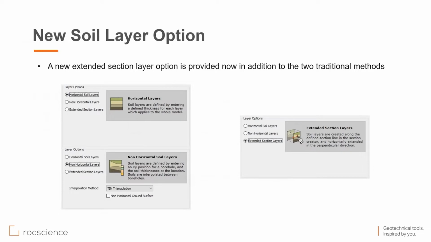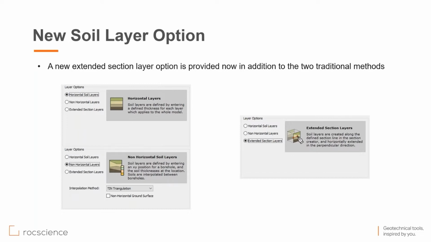So in Settle3, there used to be two layer options available for users to create soil profiles. The first one, the horizontal layers option, assumes all the layer boundaries are horizontal and the users only need to provide the thickness of each layer. Then the non-horizontal soil layers option uses multiple boreholes with given XY locations and local profiles to interpolate the soil profiles at any query locations.